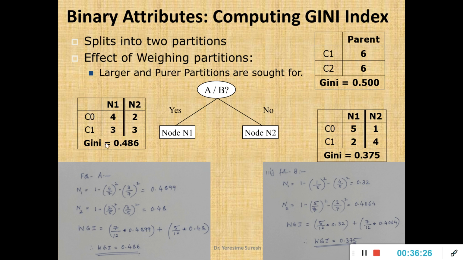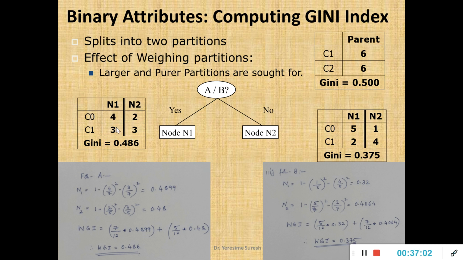The same thing: 1 minus, for node 1, with respect to class 0 the number of instances is 4, with respect to class 1 the number of instances is 3, and the total number of instances is 7. Similarly for node 2, C0 is 2, C1 is 3, total number of instances is 5. So remember these values, we will apply them in the Gini index formula. For node 1, I am calculating the Gini index value: 1 minus number of instances 4.